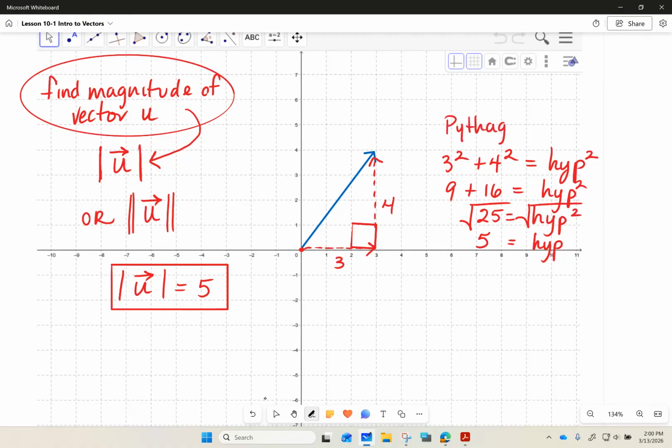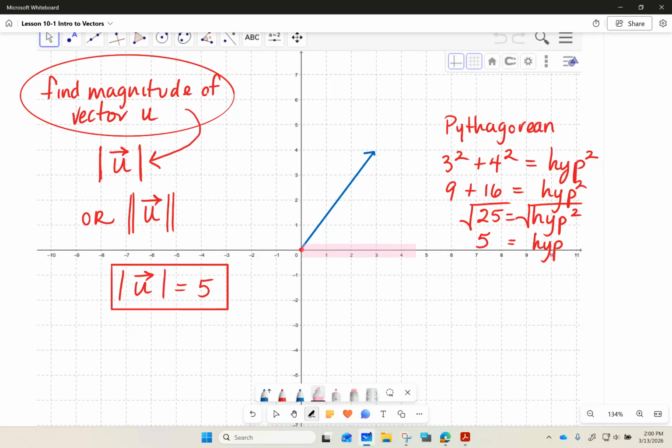Okay, so let us go to that handout. All right, and before I go back to our note-taking guide, what I want you to know too, and we'll talk about this in 10.2, is that the angle, the directed angle, is always going to be measured from this x-axis, okay?